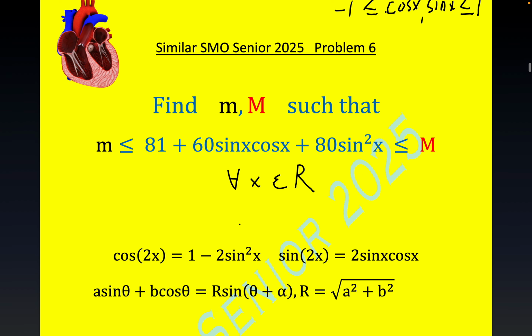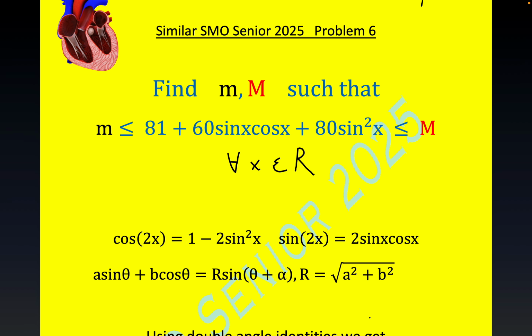Now, as you may have surmised, these double angle formulas are going to be fairly useful right here. In particular, you can rewrite this one as sine squared x equals, let's see, if we bring it over, 1 minus cosine 2x, all over 2.